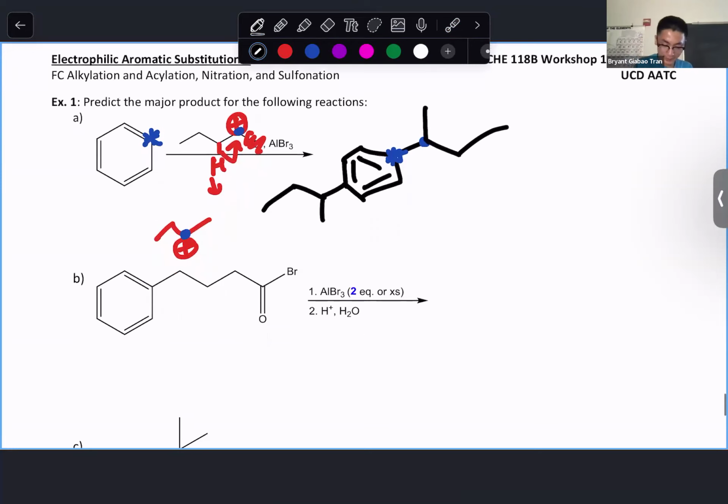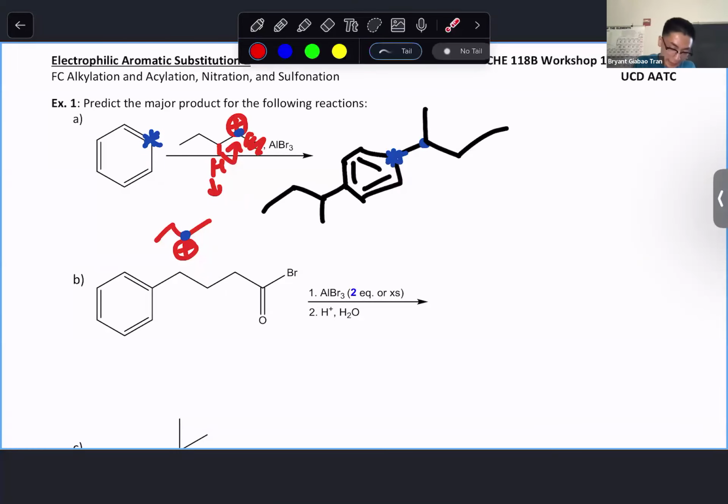For this next one, we see a carbonyl with a halogen. That is going to be Friedel-Crafts acylation, because our first step has AlBr3 or FeBr3. But in this case, we can't choose just any of these carbons to attack that carbon right there, because we know that carbonyl carbon is our electrophile. We want to use the carbon that would make the most stable ring.